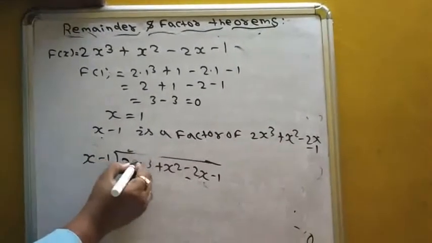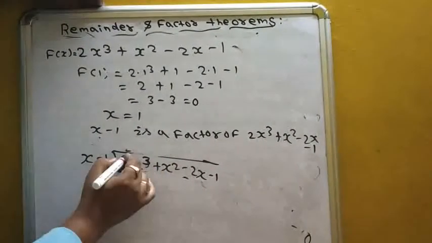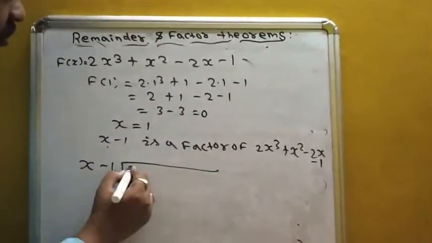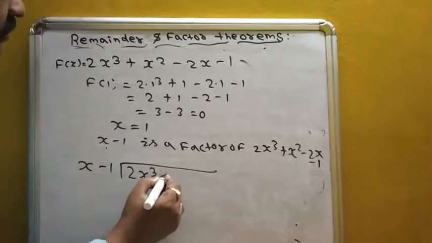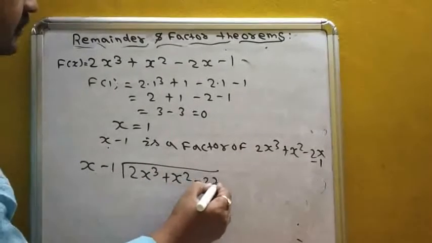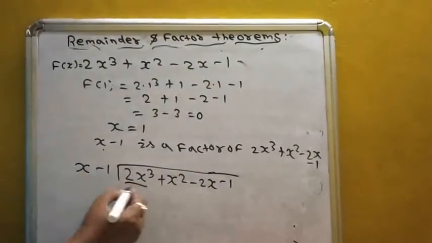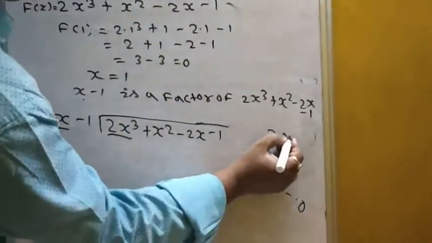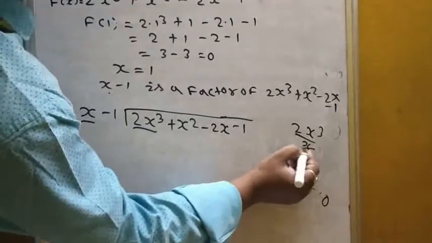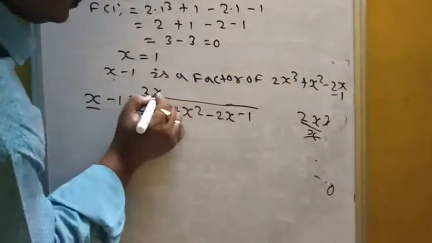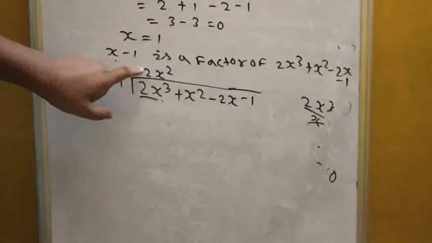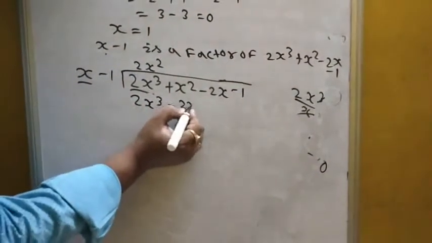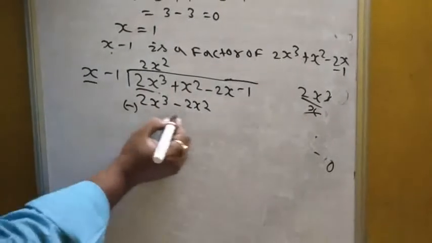Take the first term of this one and the first term of this one. 2x cube divided by x equal to how much? 2x square you are getting. 2x square you write. You just multiply 2x square into x minus 1 equal to how much? 2x cube minus 2x square. So minus here, right? Here plus.